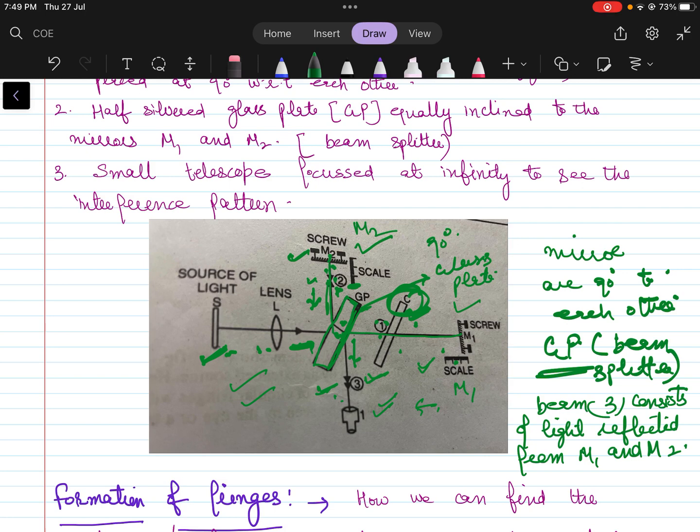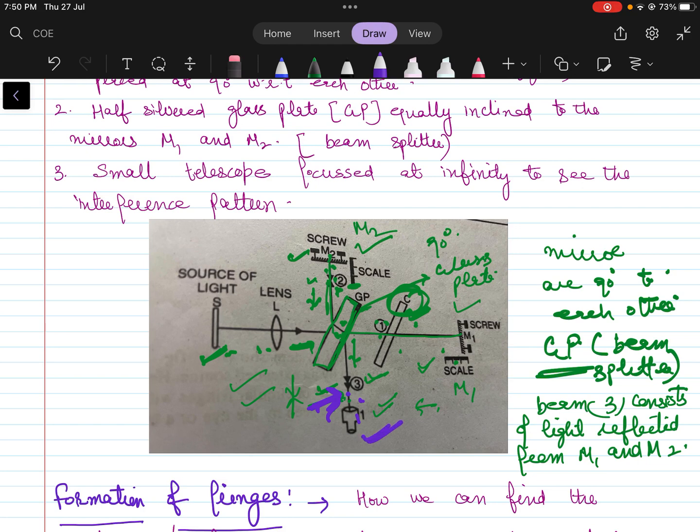The optical paths of the two parts of beam 3 can be varied, and they interfere to produce interference fringes, which can be seen by the eye in the path of the beam.